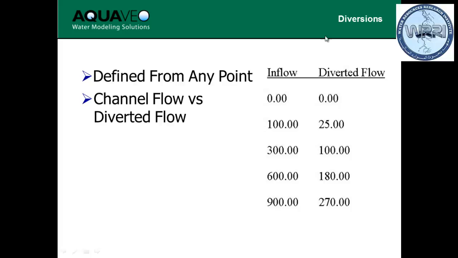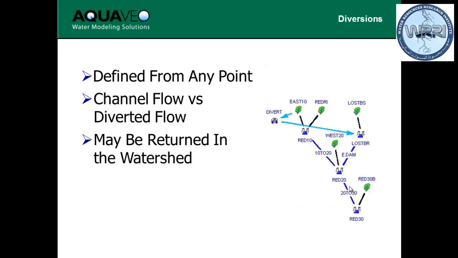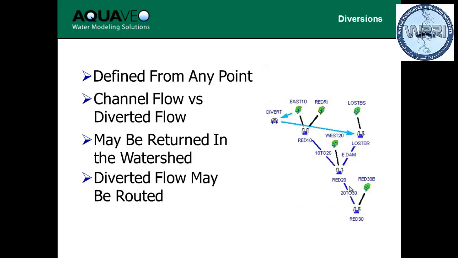So I define this curve here, inflow versus diverted flow. I can define diversions in WMS, and then those get transferred to HEC-1 or HMS. The diversion can either be taken out of the watershed or put back in the watershed at some point downstream.